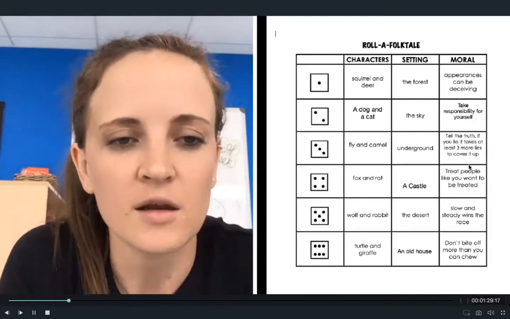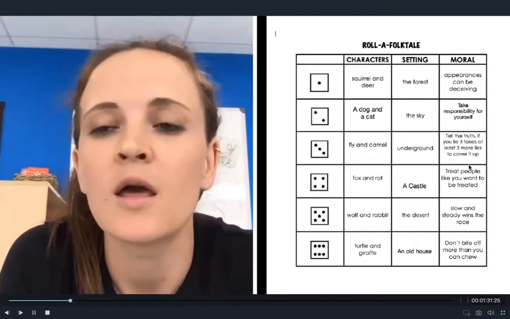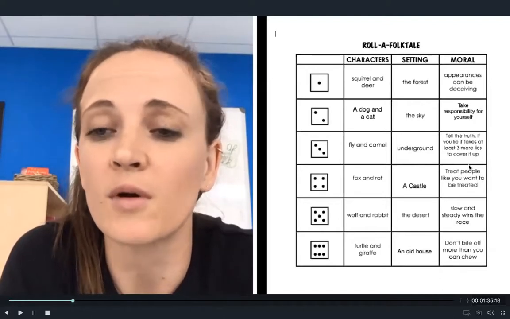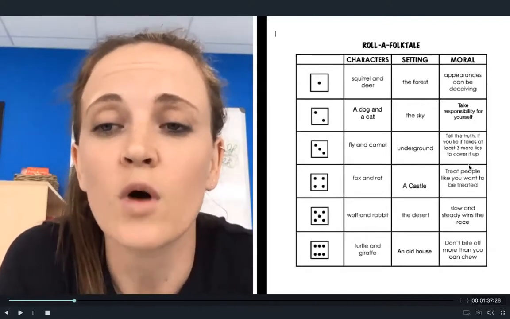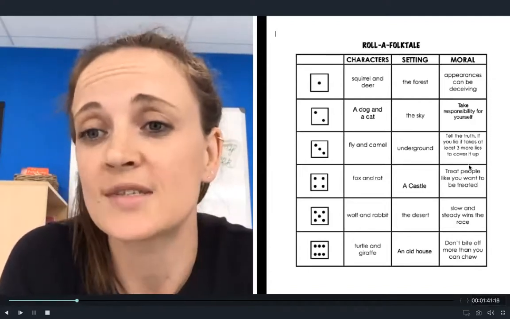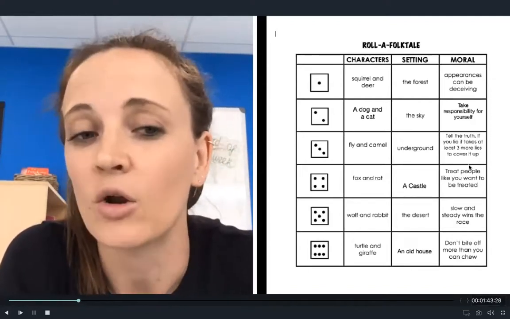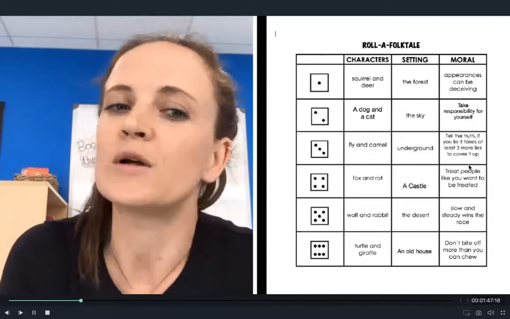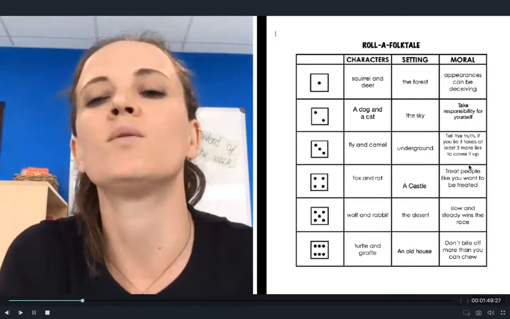Then you're going to roll them again, and you need to choose a setting. And remember, it goes with the number. So if you roll and you get a number 6, you will see that your setting is going to be an old house. Then we will roll it again, and we will choose a moral.